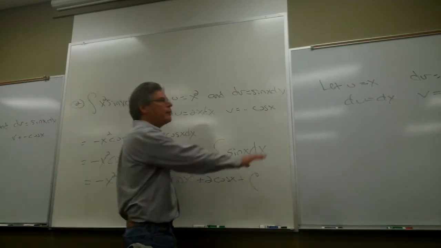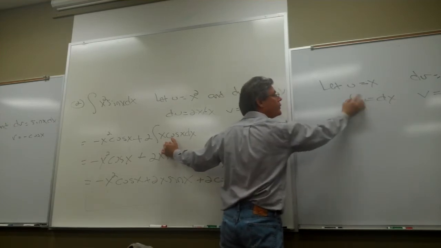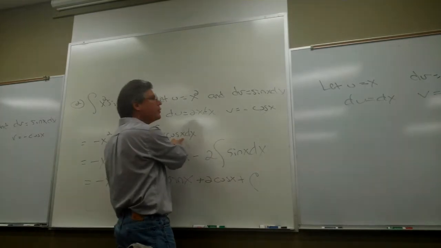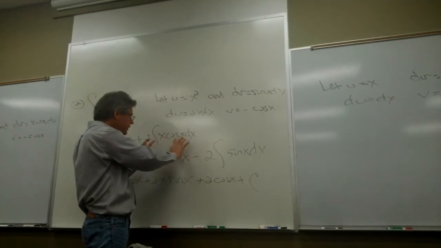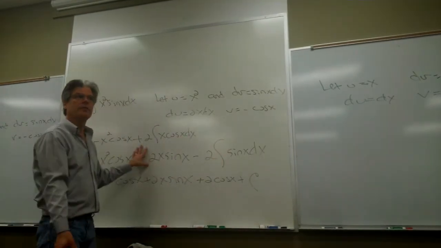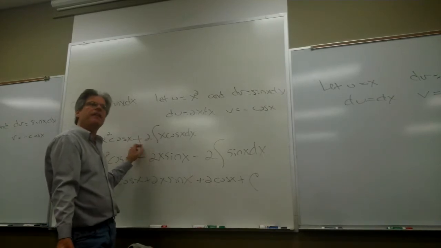And that's why I came over here and applied integration by parts one more time. So this u and that dv came from these two. This is my new u and my new dv. And so now with integration by parts again, I replace this integral right here with these two terms using my integration by parts formula. Oh, and then you have to multiply all that by 2. I did. I just kind of said it out loud as I wrote it.